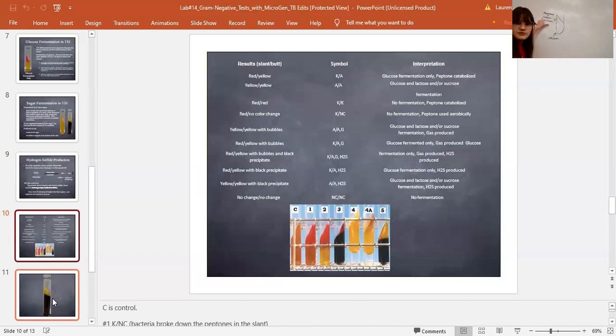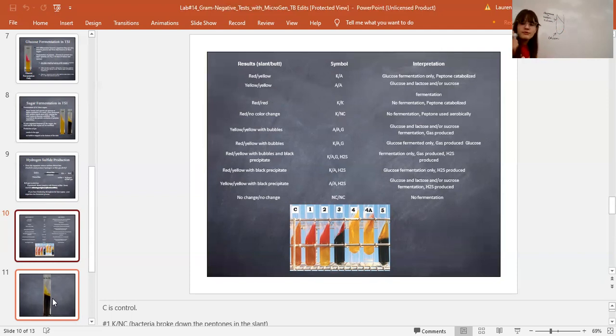If the lactose is fermented, because lactose and sucrose are both sugars and produce the same response, you can only say that if the slant is yellow, lactose and/or sucrose were used as an energy source, because there's no way to differentiate them. But since the butt only has glucose, we can say for sure that if the butt turns yellow, then we have fermentation of glucose.